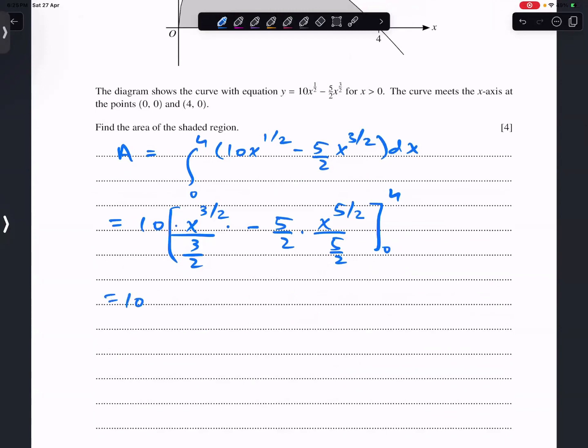Again 10, again we have 20 over 3 x power 3 by 2 minus 5 by 2 into 2 by 5, which just cancel out.